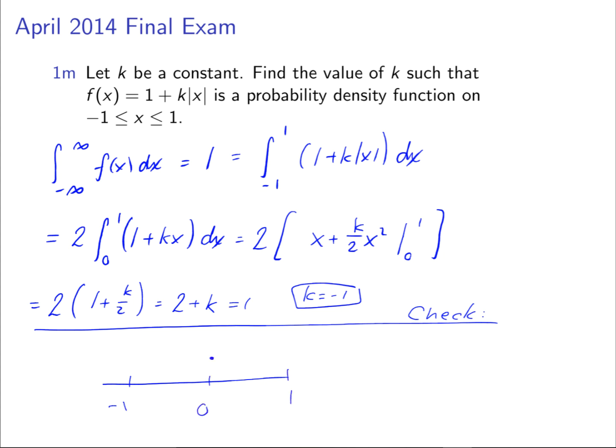At 0, this is 1, and then it decreases. At 1, it is 0, and at -1, it's 0 as well. So we do not have an actual negative value of the probability density function, which is good.